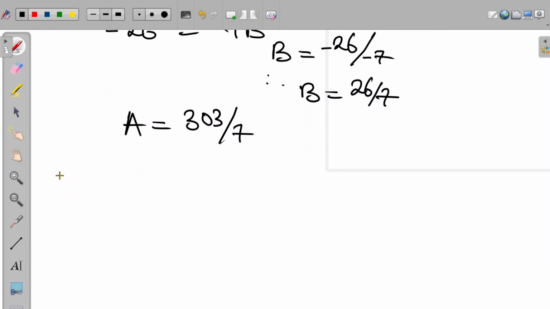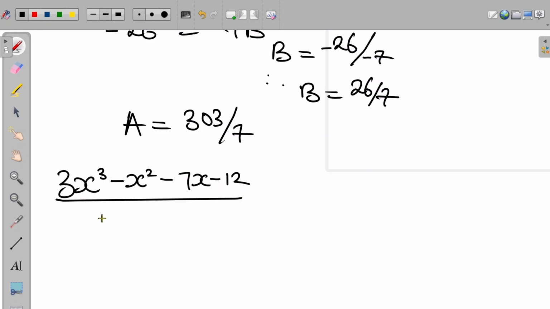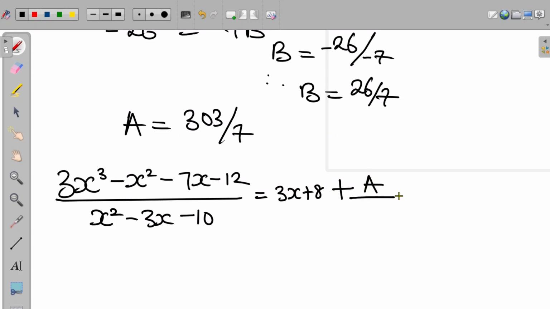So recall that we had 3x to the power of 3 minus x squared minus 7x minus 12, all divided by x squared minus 3x minus 10. And this was resolved to 3x plus 8 plus a divided by x minus 5 plus b divided by x plus 2.